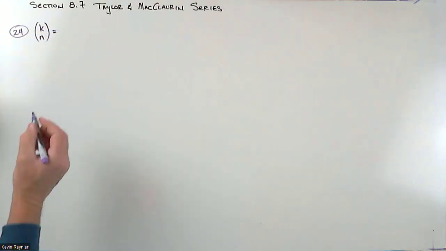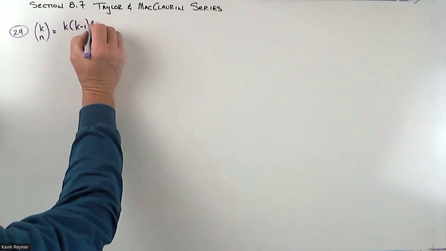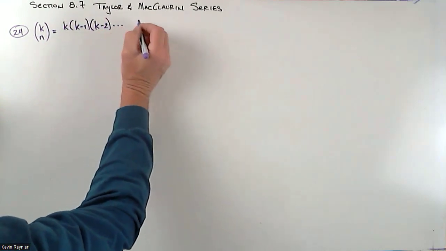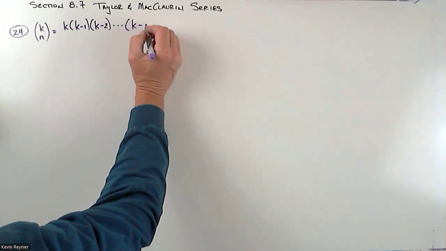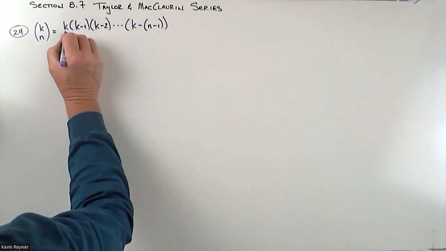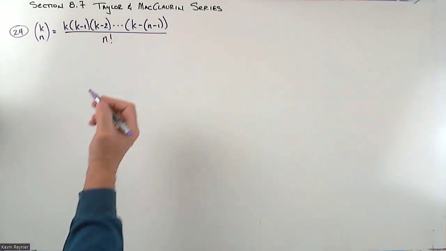Now the definition of this is k times (k minus 1) times (k minus 2) times ... times (k minus n minus 1), all over n factorial.